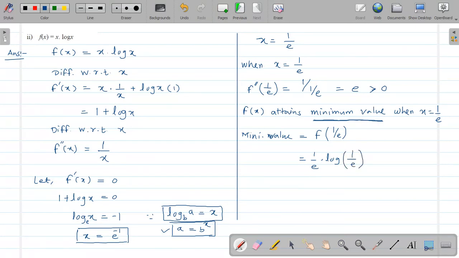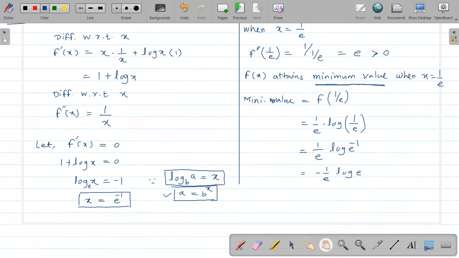Now see how will you simplify this? So that is 1 upon e into log of e raised to minus 1. And hence it can be written as minus 1 upon e into log e. Just take the index out by the logarithmic rule and you will get minus of 1 upon e into log e. That means now as you know that log e is always 1, we get minus 1 upon e. And this is the minimum value of the given function.